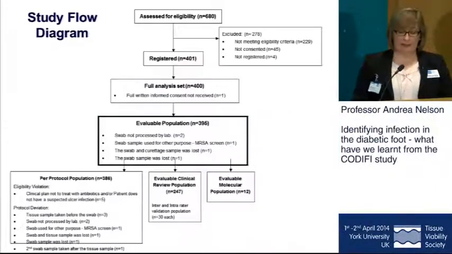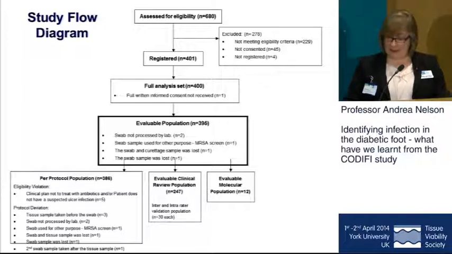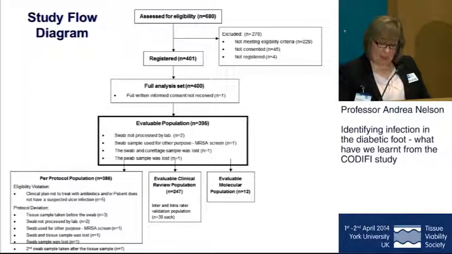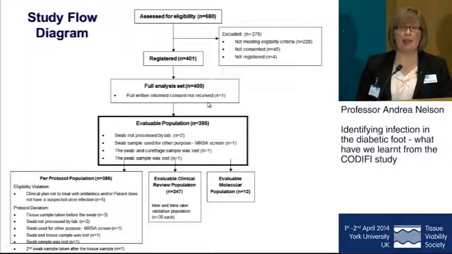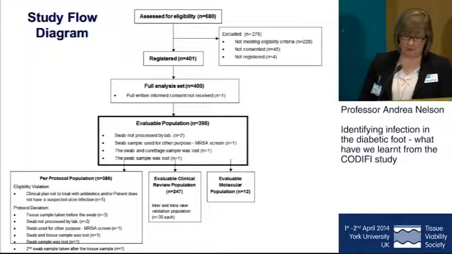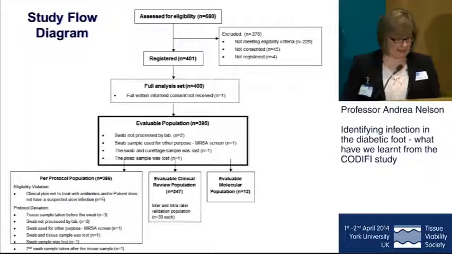And our clinical sites assessed formally 680 patients for inclusion into the Codify study. We had 400 patients recruited into the study, and of those, 395 patients provided both information from swabs and tissue samples.